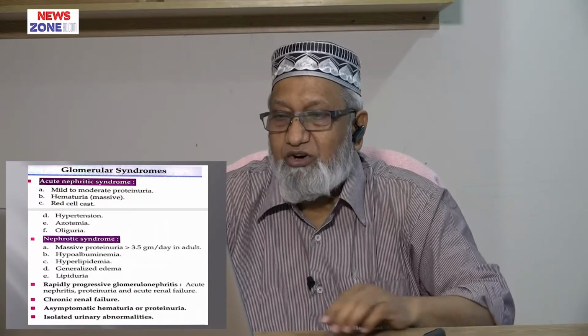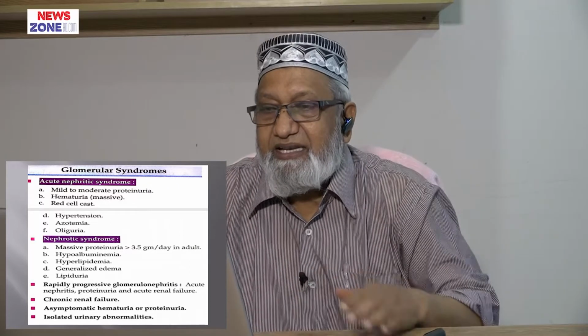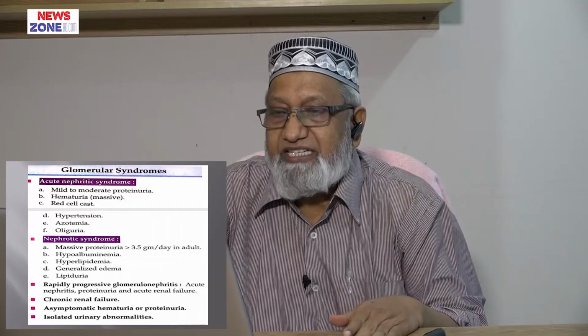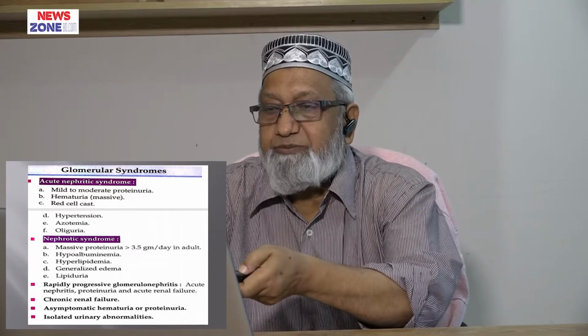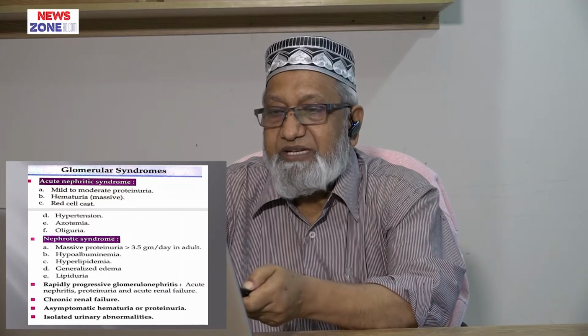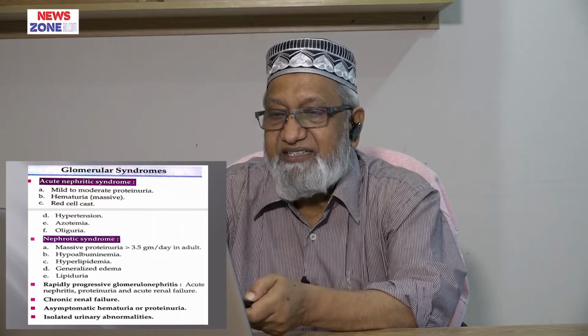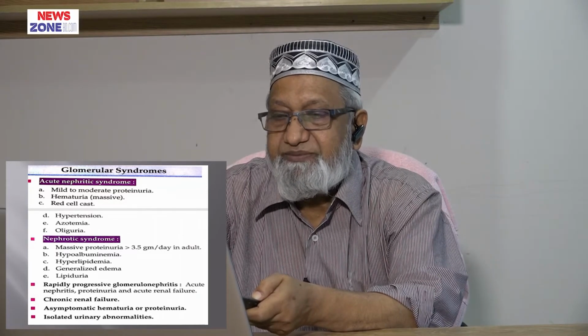So you may ask, what are the glomerular syndromes? Again, acute nephritic syndrome is characterized by mild to moderate proteinuria, massive hematuria, and sometimes red cell cast, hypertension, azotemia, oliguria.